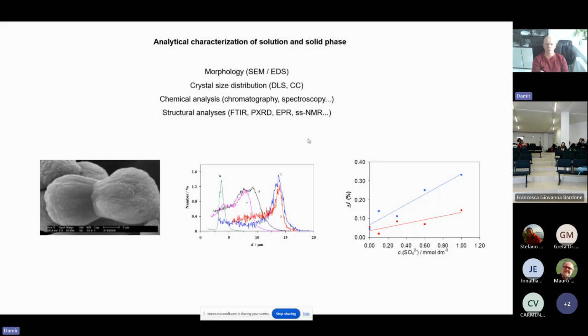Morphology of the precipitate is typically analyzed by some kind of microscopy, electron microscopy or light microscopy, and crystal size distribution by a device. Chemical analysis of solution, but also precipitate, uses modern techniques such as chromatography, spectroscopy, and so on. And that's all about this part.